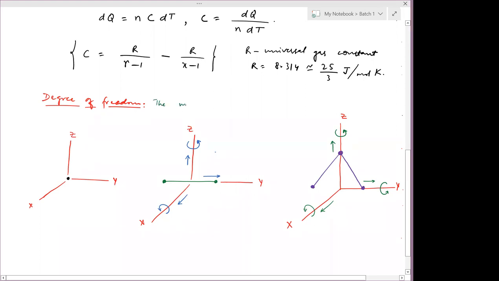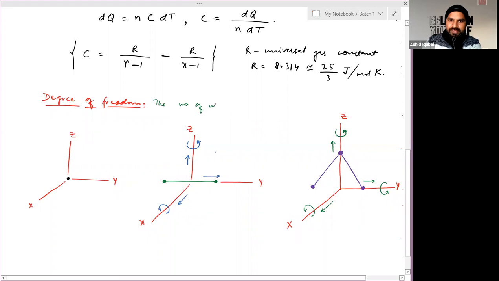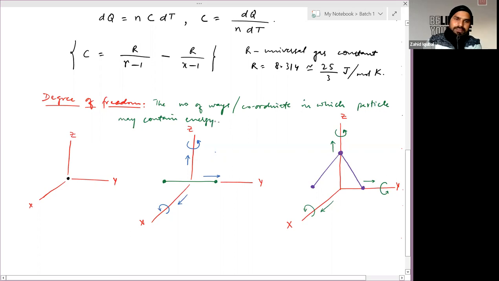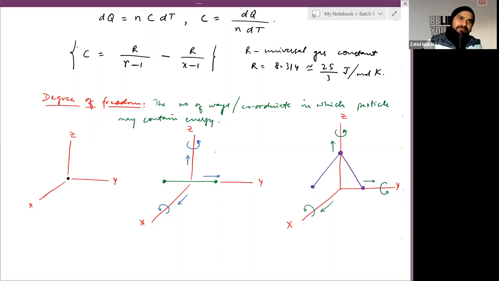So it is the number of ways or coordinates in which a particle may contain energy is called degree of freedom.